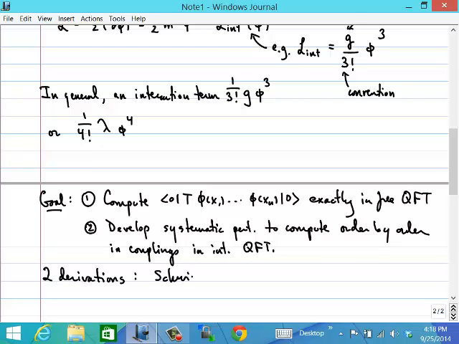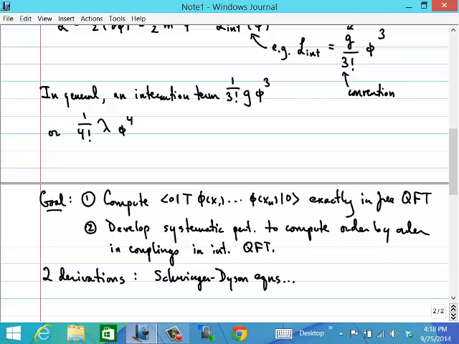In particular, there's one derivation that I'll describe this class, which is based on what's known as the Schwinger-Dyson equations. Basically, that strategy involves writing down a set of recursion relations that relate these different correlation functions. And this will allow us, if you rearrange these recursion relations, to develop some sort of systematic perturbation theory, basically by doing some very straightforward manipulations.